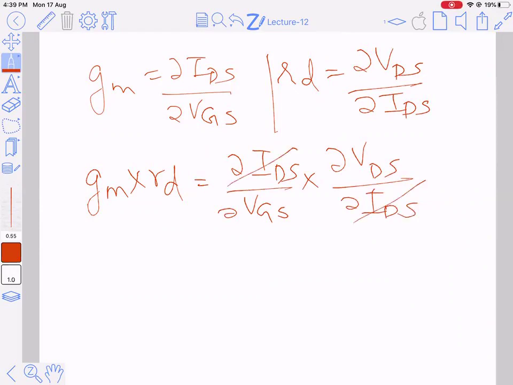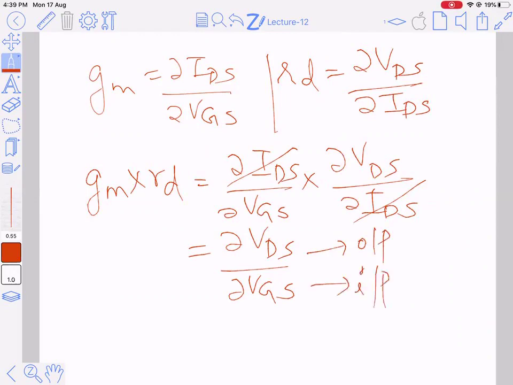IDS. So we get VDS by VGS. This is what? Output by input. This is called mu, which is nothing but the amplification factor.